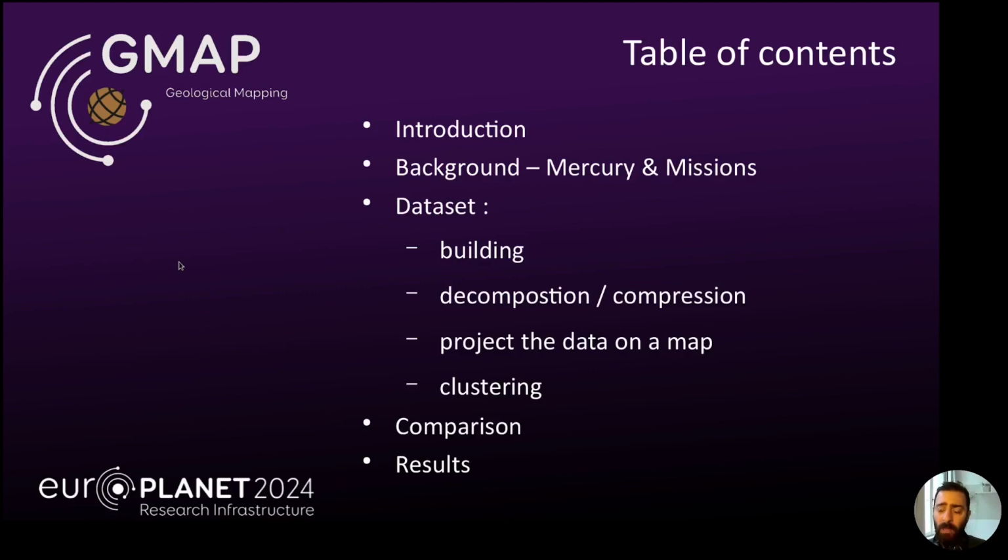So this is the table of contents. We have already started with a general introduction. Then I will give you some background about Mercury, the planet, and the mission that got there, so where we get the data, and then how to build and work on the data that we produce. The different steps: we build the data set, the data cube. We decompose or compress the features, and we project those multidimensional features on a map, meaning that we have 2 coordinates and a third value to visualize on the map.